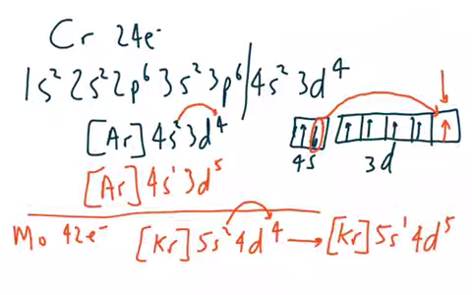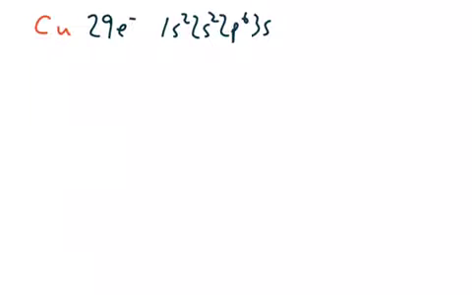Now, the other elements that also do this are copper, silver, and gold. Copper is number 29, okay? And the electron configuration for copper would be 1s2, 2s2, 2p6, 3s2, 3p6, 4s2, and then 3d9.